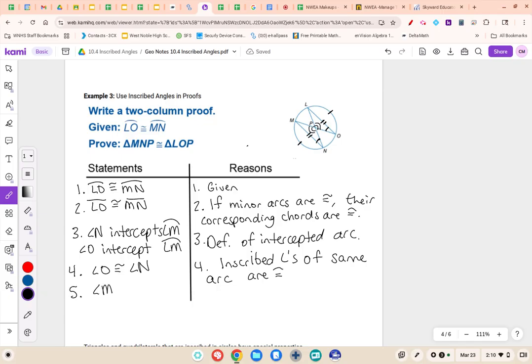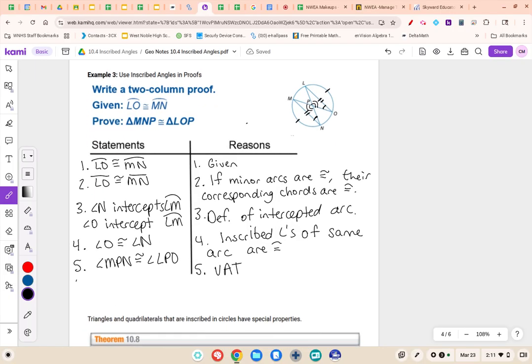So I can say angle MPN is congruent to angle LPO by vertical angles theorem, which means we can now state our triangles congruent like it asks us to. MNP is congruent to triangle LOP because of angle, side. And we're good to go here.